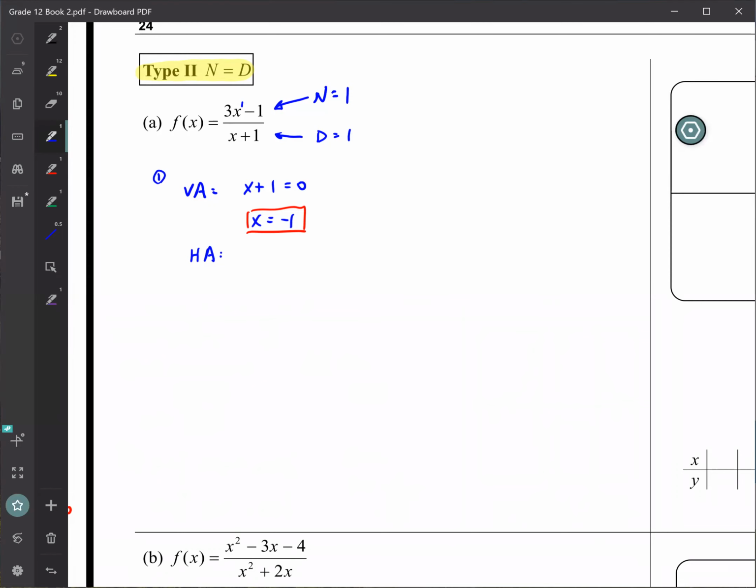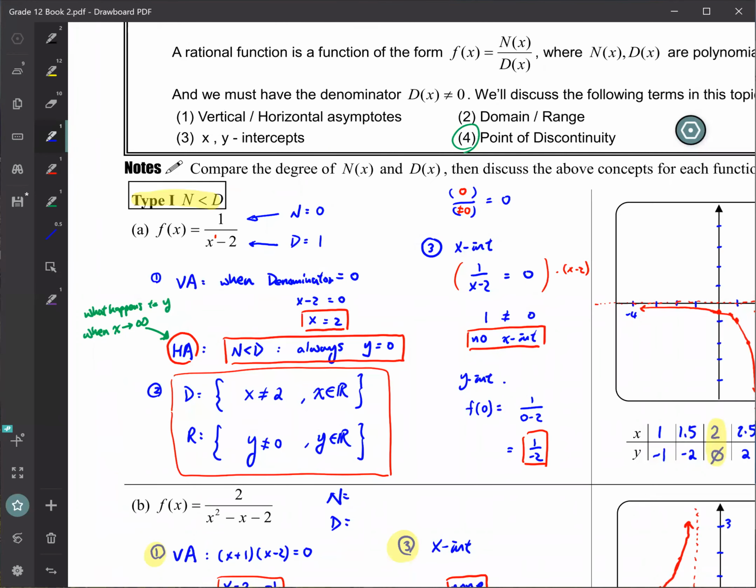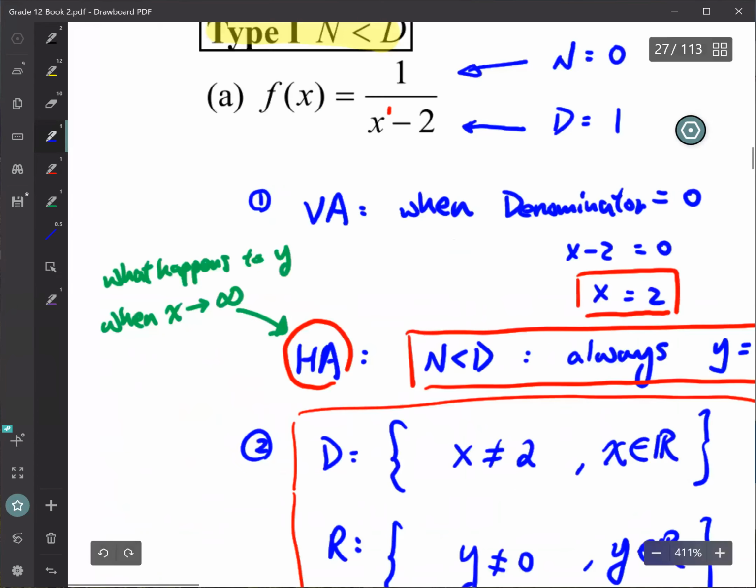Okay, remember I told you that the general rule is to see what happens to y, right? What happens to y values if I make x bigger and bigger, right? The general rule. So let's see what happens, okay?